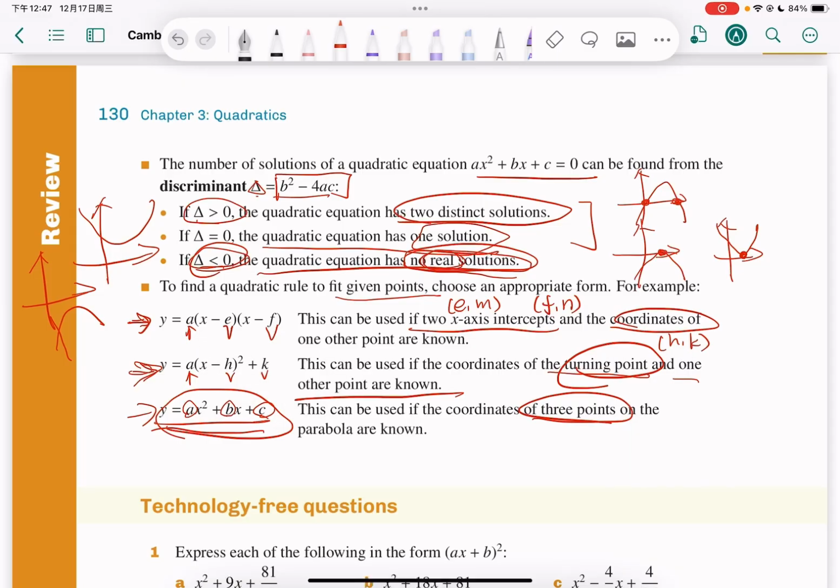So it depends on what kind of points you know. If you know the intercepts, then use this one. If you know the turning point, then use this one. If you know 3 points, then you can use this one.